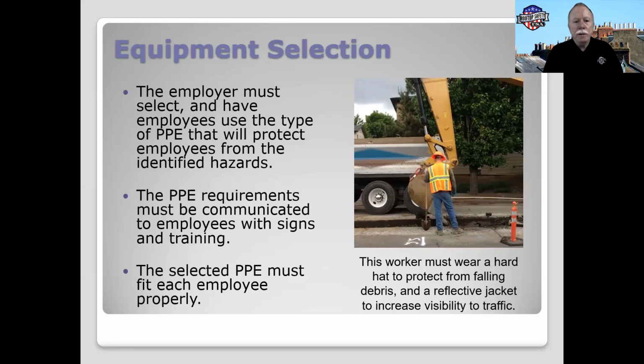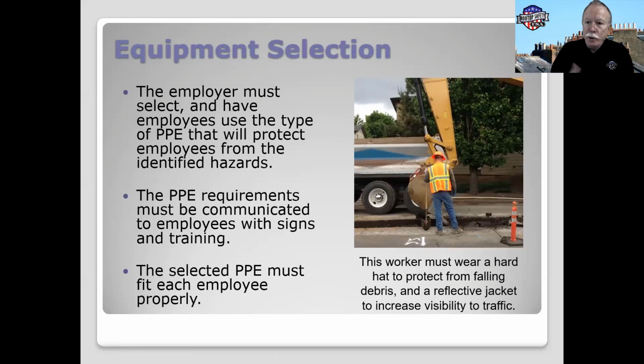So equipment selection will be based on the results of the job hazard analysis. We define the hazards, and then we select PPE to protect against those hazards if we can't otherwise engineer the hazard out of the process.